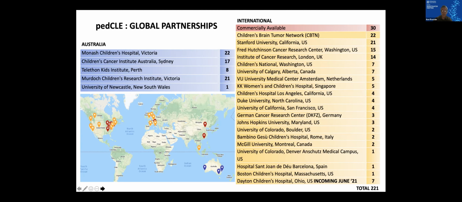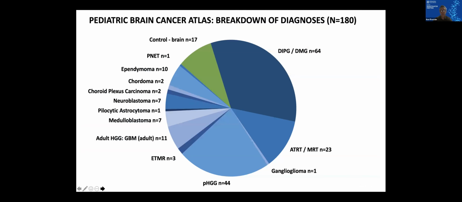You can see we have over 200 different models, and you can see the distribution of our brain cancer models shown here. We have about 180 pediatric brain cancer models, most of these in the DIPG, DMG cohort, ATRTs, hemispheric gliomas, ETMRs, and a few of the rarer subtypes of brain cancers, along with 17 fibroblast lines that were established directly from brain cancer biopsies.